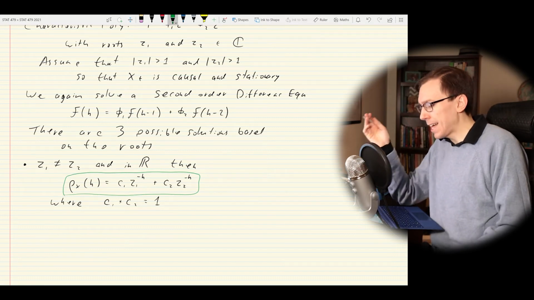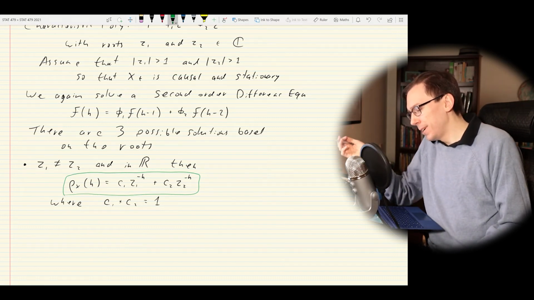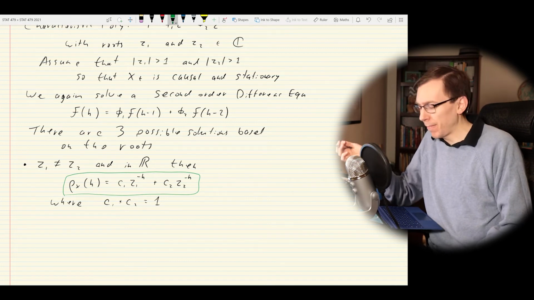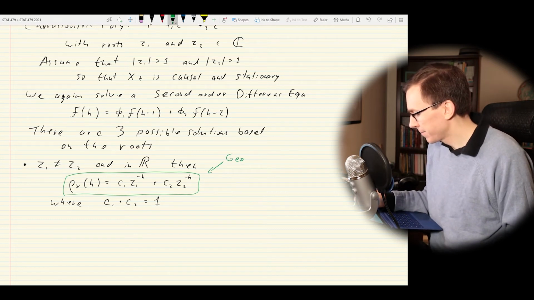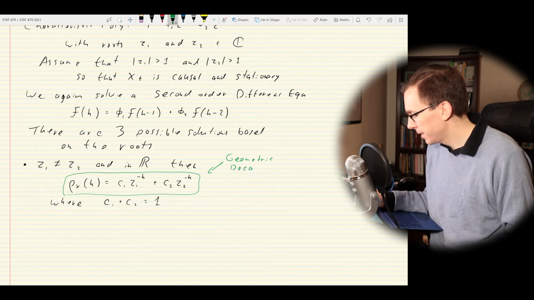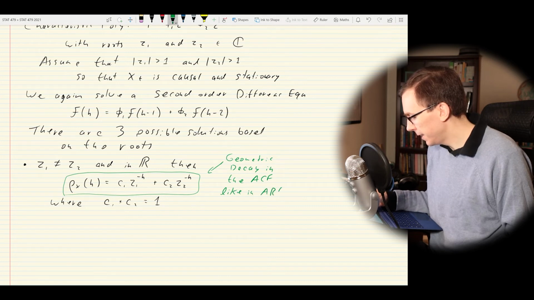Well, what does that look like? Again, z1 and z2 are real numbers, and they are greater than 1 in magnitude. So this is going to look again like geometric decay in the ACF, like in AR1.